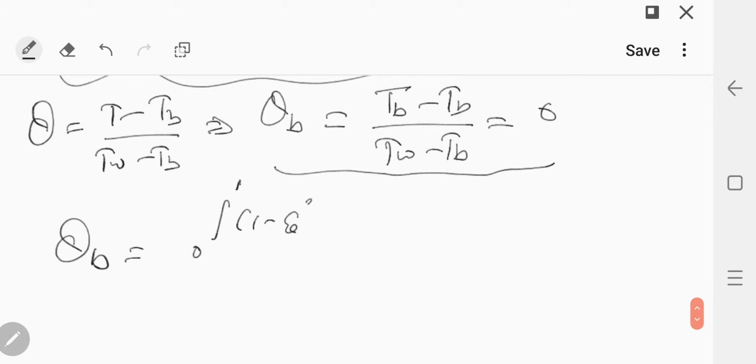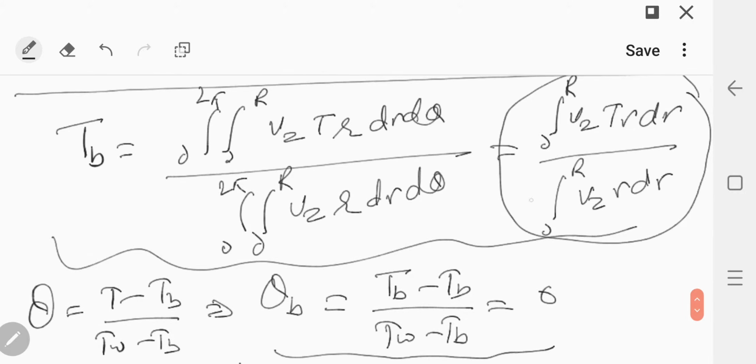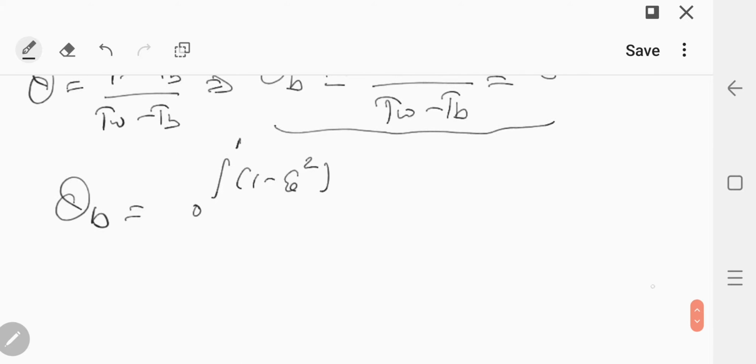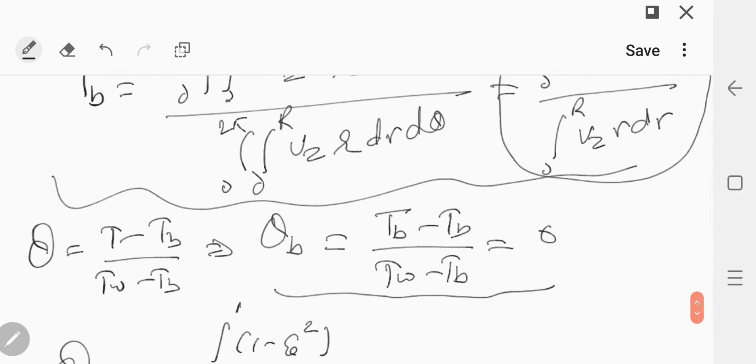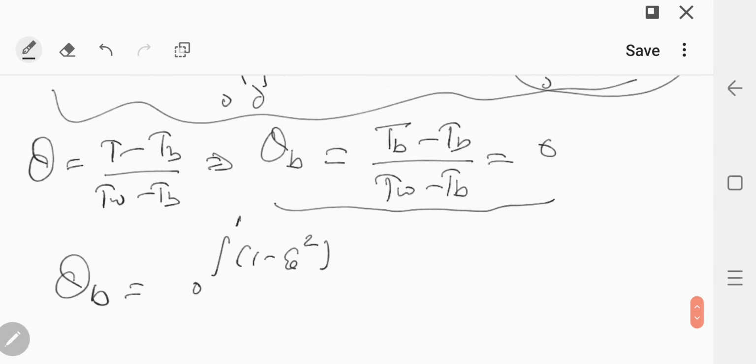I've already converted this expression in terms of dimensionless variables. You can also try simply replace T in terms of theta, r in terms of zeta. Not Vz gets cancelled, the term in Vz, that is 1 minus r by capital R whole square, that will be replaced by 1 minus zeta square.